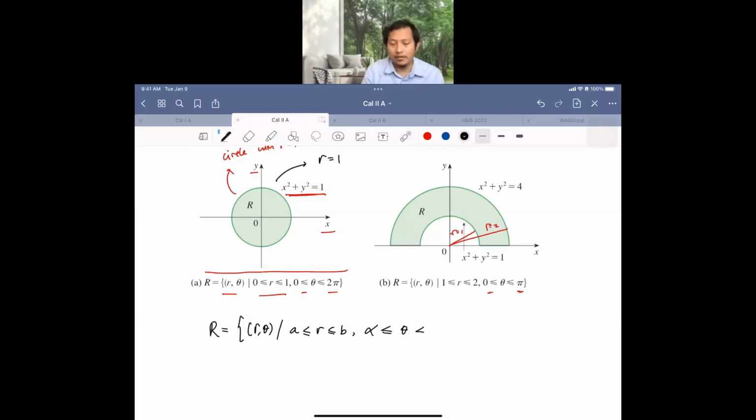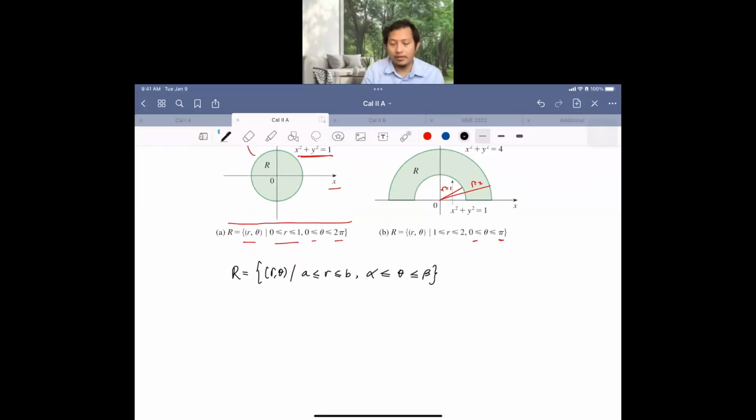So r and theta. That is the first thing. Now, the second thing is, how do we approach the area in the polar? If you remember, we could have the sector, right? So the sector is this area.